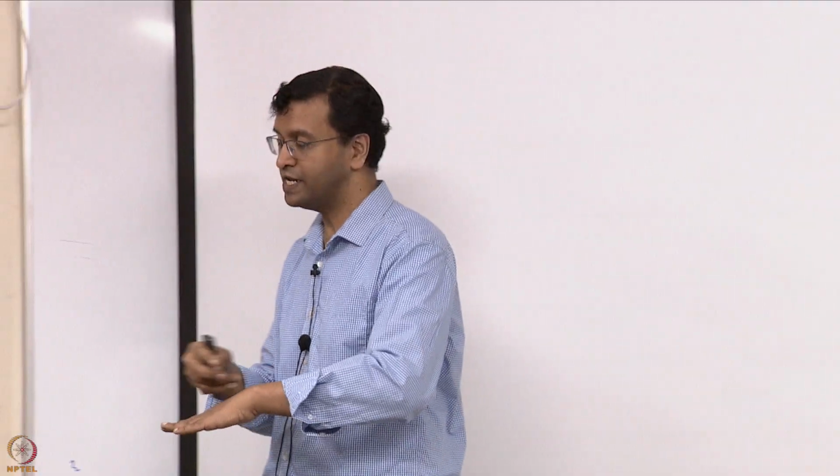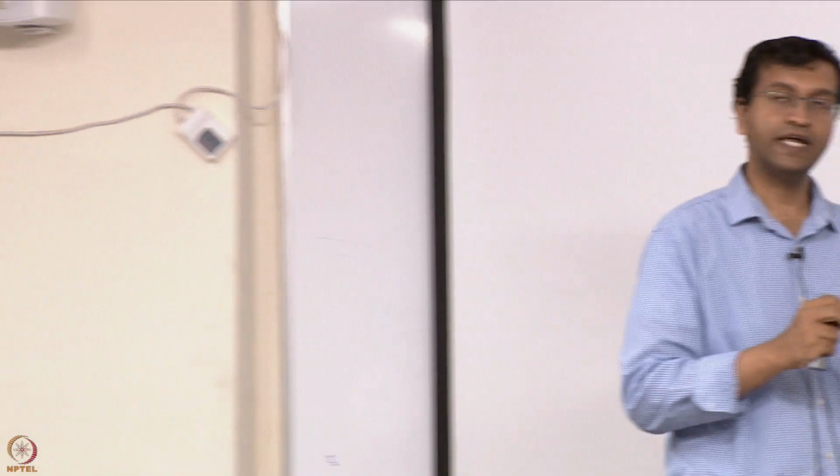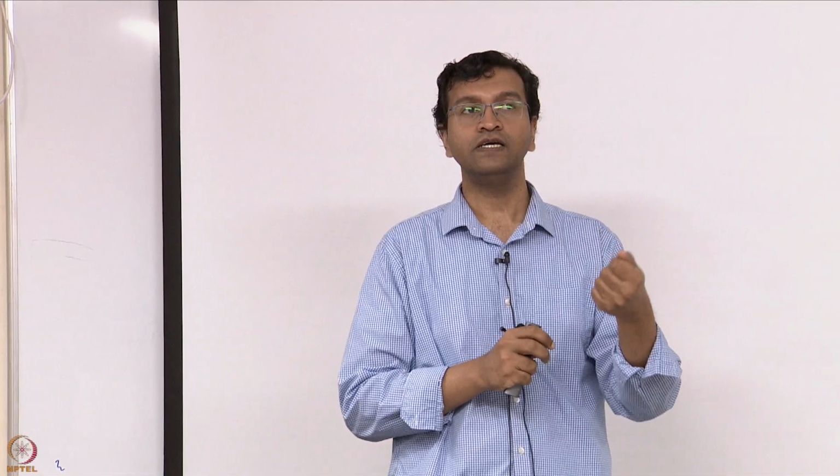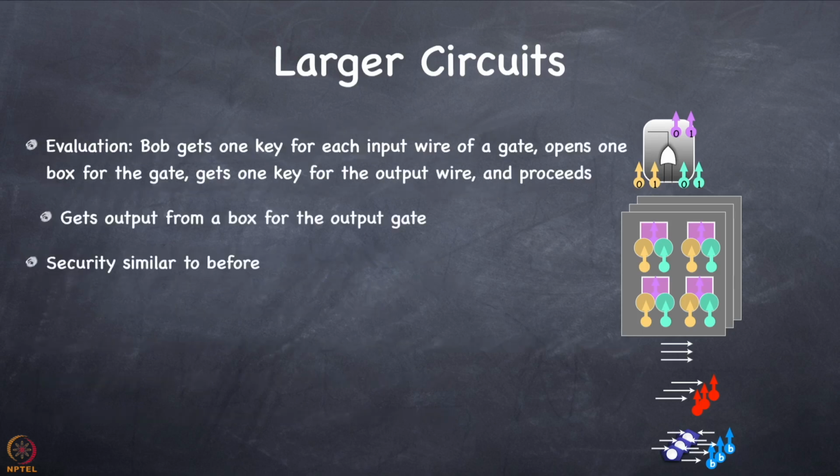That invariant holds at the beginning, and at every step when you evaluate one more gate, you get one key for the wire coming out of it. At the very end, at the top gate, you could have the value itself sitting directly, so when you open that gate, you get the value. That's what Bob does.